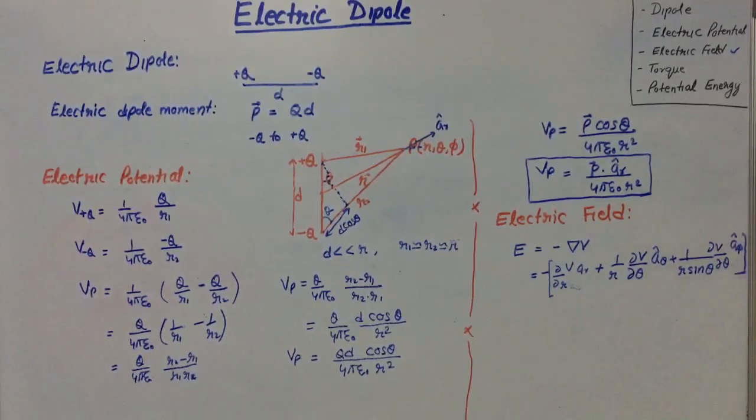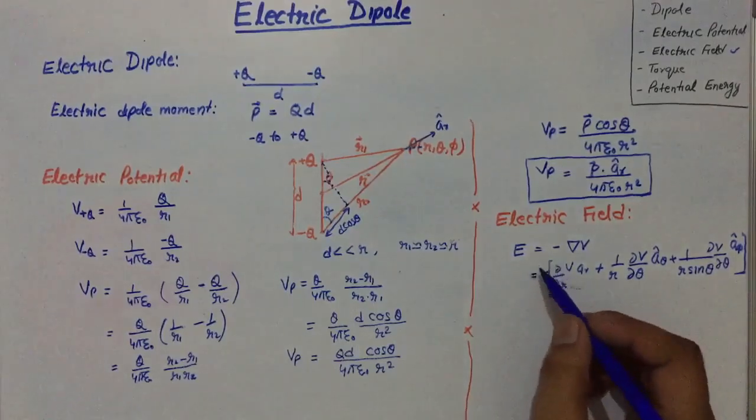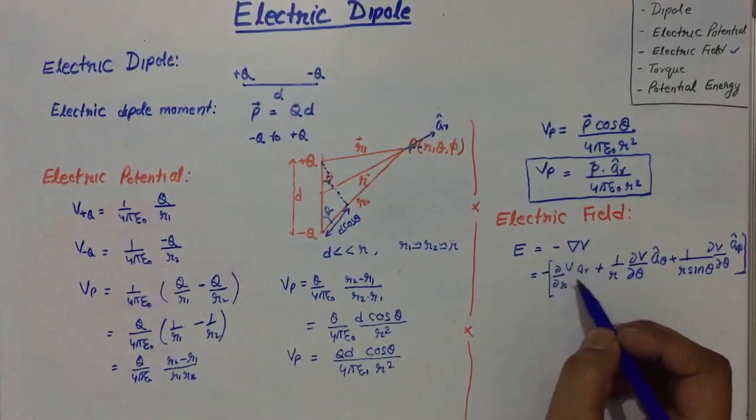Hope it is right. Okay, so in the spherical coordinate system, we can write the del V like that.